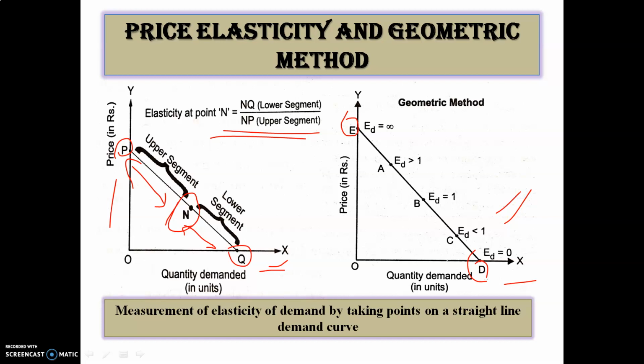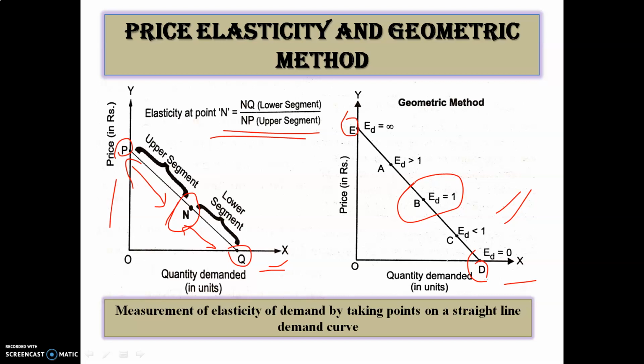See, here in the next diagram I have mentioned these 5 values of elasticity of demand. Elasticity of demand ED is equal to 1 at this point. See, this point B lies in the middle of this demand curve ED, right?